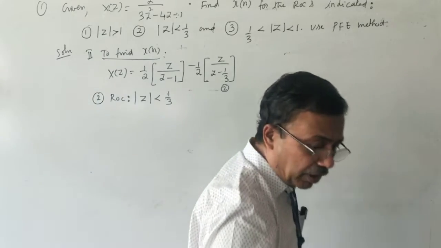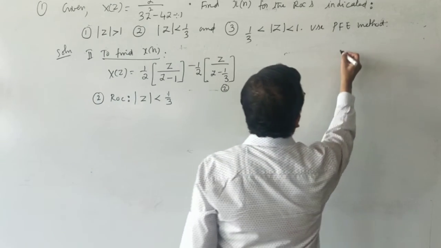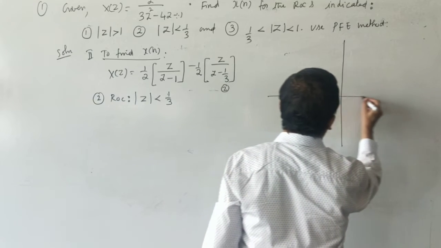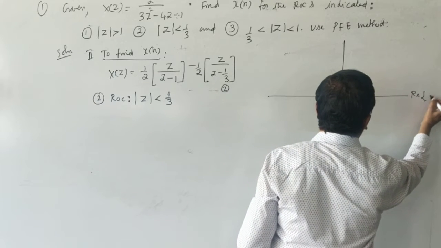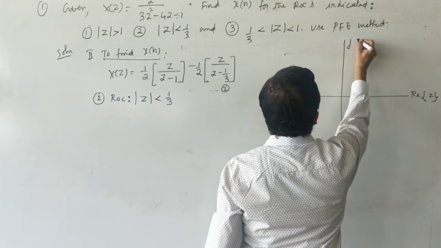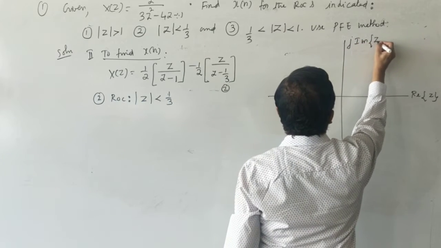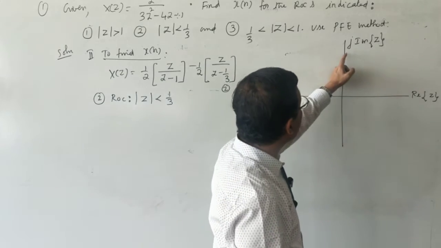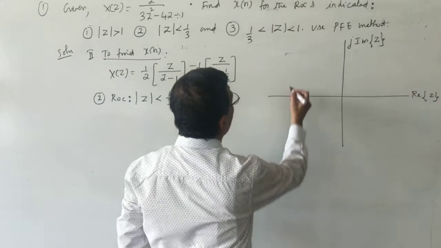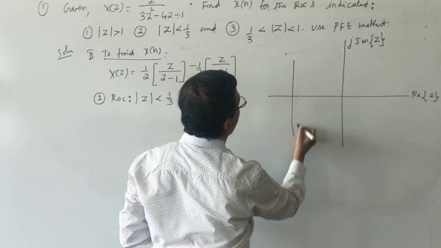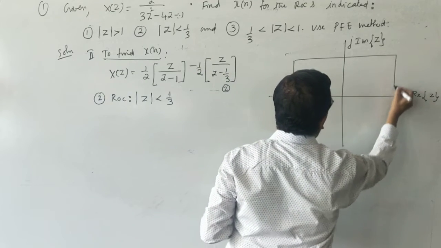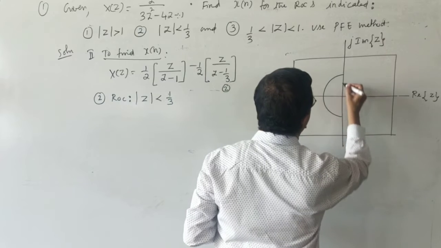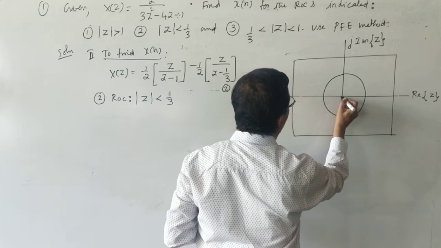First draw the pole zero diagram, indicate the ROC, then find poles whether they are interior to the ROC or exterior to the ROC. Z plane is a complex plane having real axis real Z, imaginary axis j times imaginary Z. The entire Z plane is assumed to be inside this rectangle. I'll draw a circle of radius equal to 1 by 3.